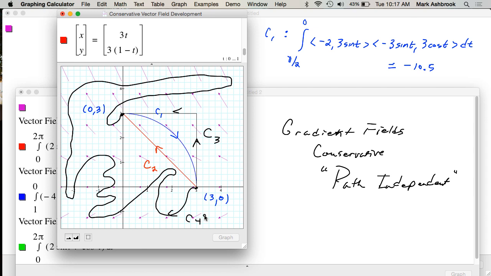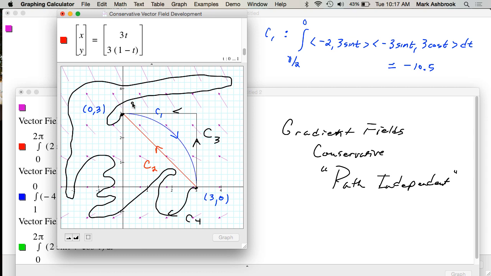Given a fixed starting point and a fixed ending point, the work to get from A to B is the same regardless of what path you take. But you have to have a fixed starting point and ending point. If you have a different starting point and different ending point, it's going to be a different amount of work.